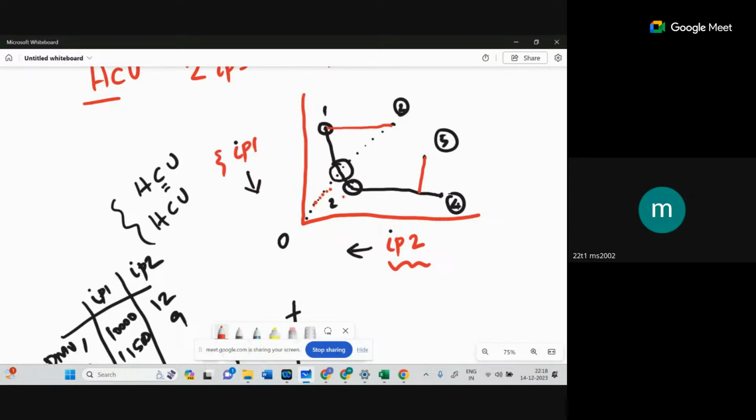So in order to get here, you can go horizontally and reach here and so on. But the better way is to come down on both aspects, input 1 and input 2, and reach here, where you are reducing a little bit of input 1 and a little bit of input 2. If you compute your dual prices, you will see that you are landing up here.